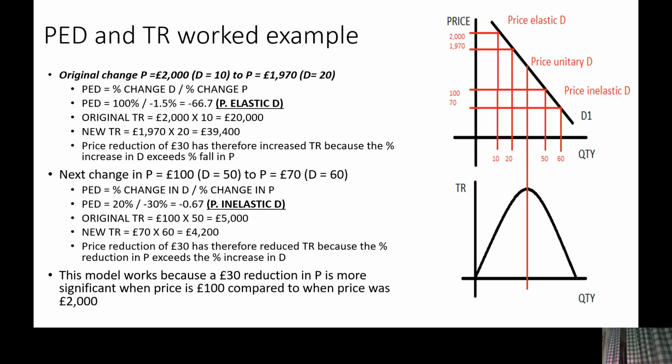If the percent change in price is less than the percent change in demand, then it becomes elastic, the relationship. So everyone, at high prices, demand will be elastic. At low prices, demand tends to become more inelastic. And we can see the relationship between elasticity and total revenue.